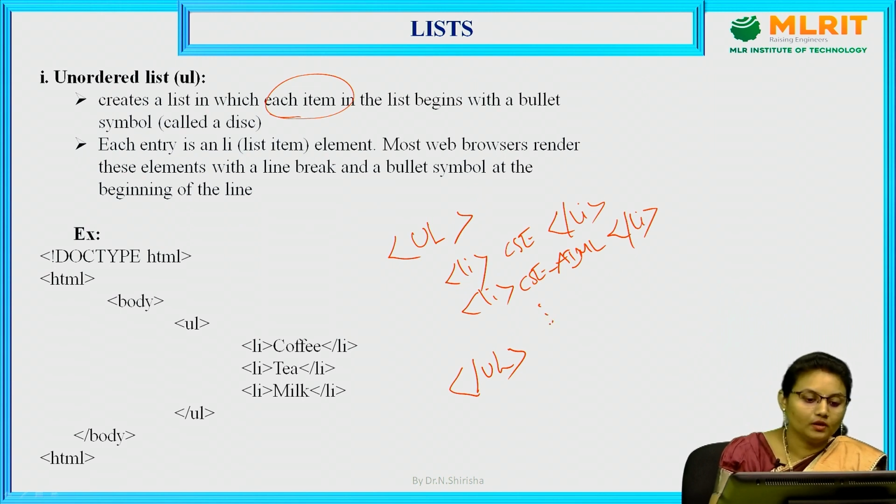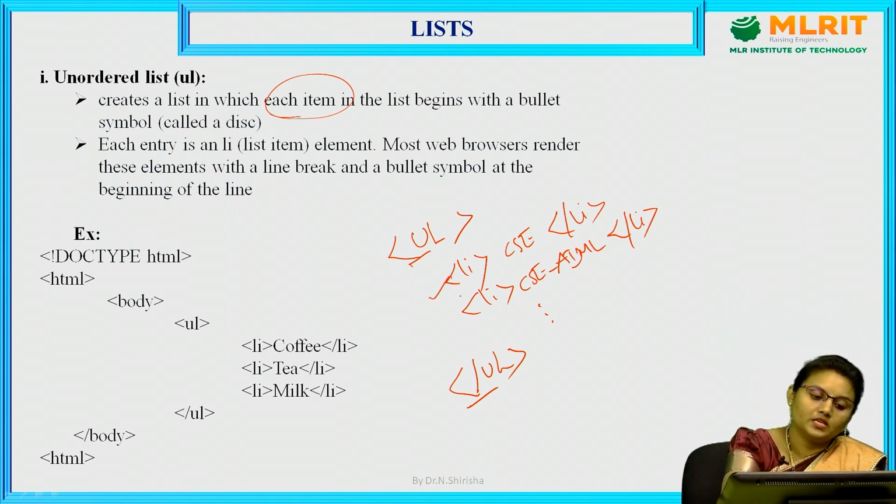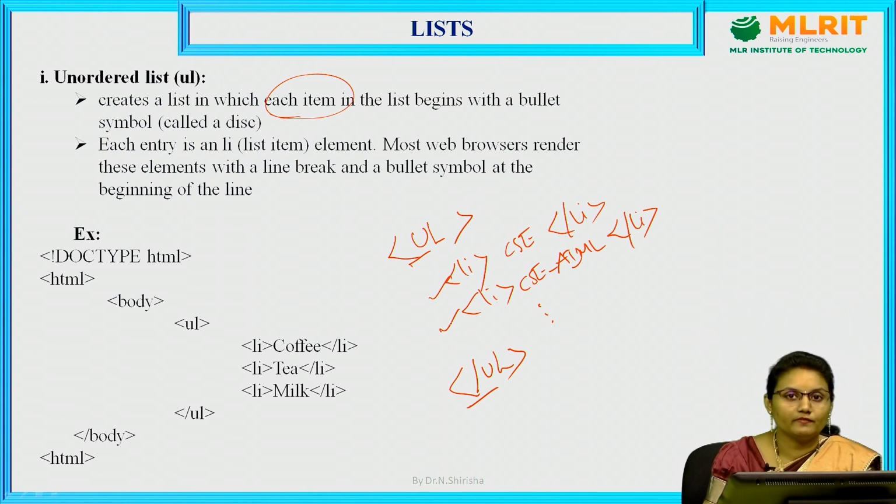There's no specific order, and how many items you give depends on the requirement of the web page. You have to use that many LI tags within the particular list, ordered, unordered or definition list.